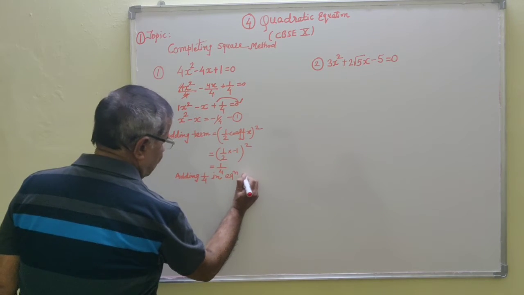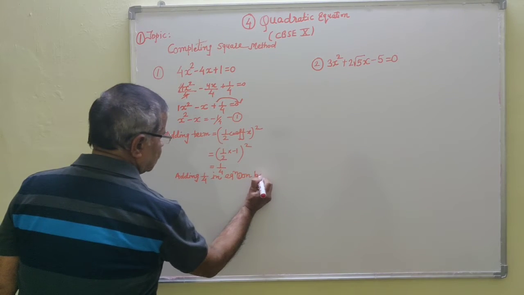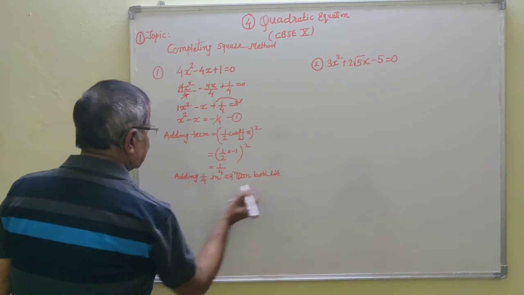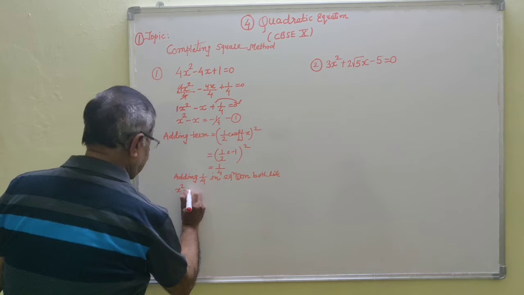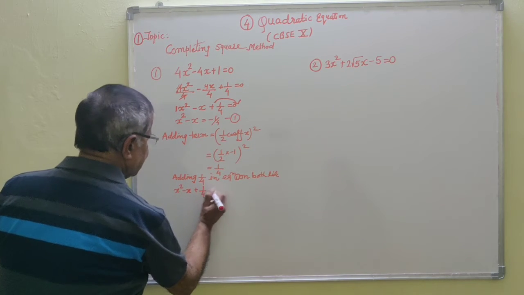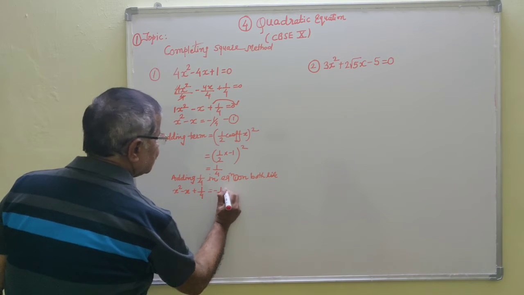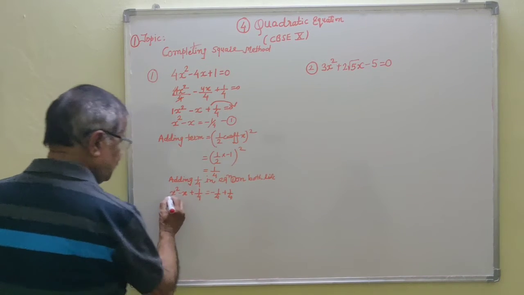Equation 1 on both sides. What I will get? This is x square minus x plus 1 by 4 is equal to minus 1 by 4 plus 1 by 4. Now what you will do?